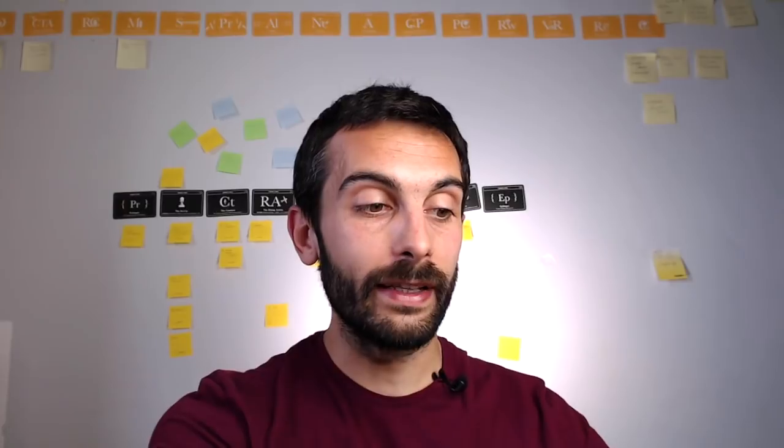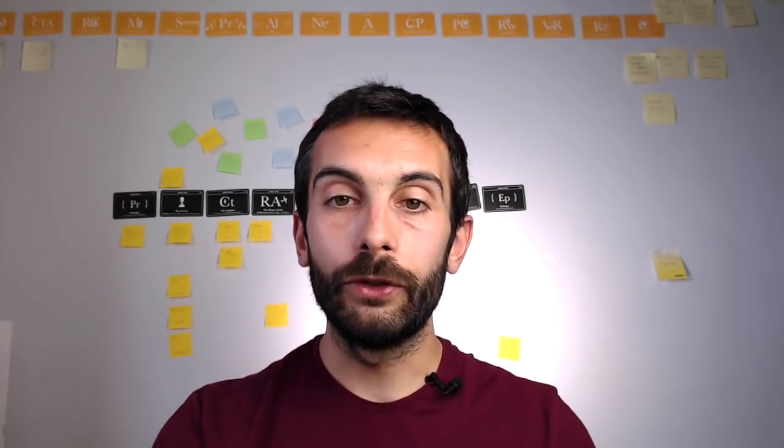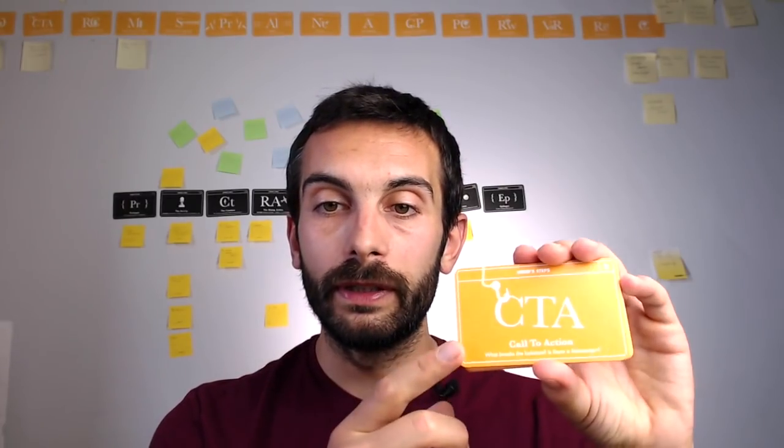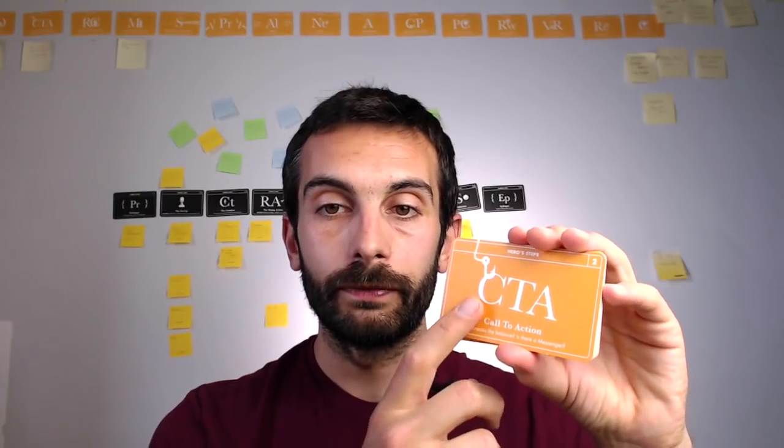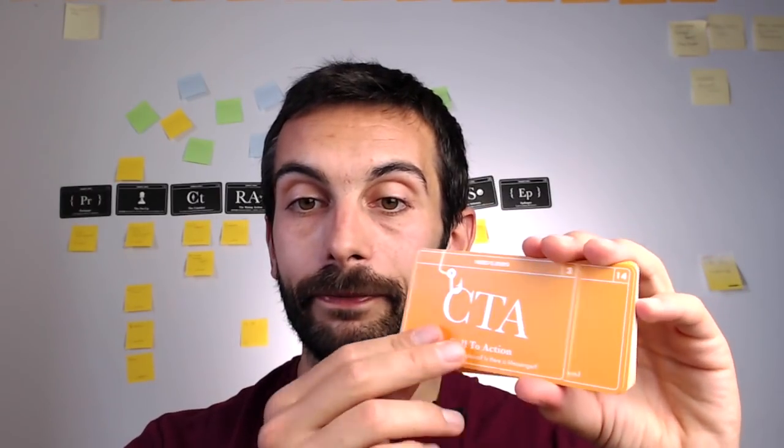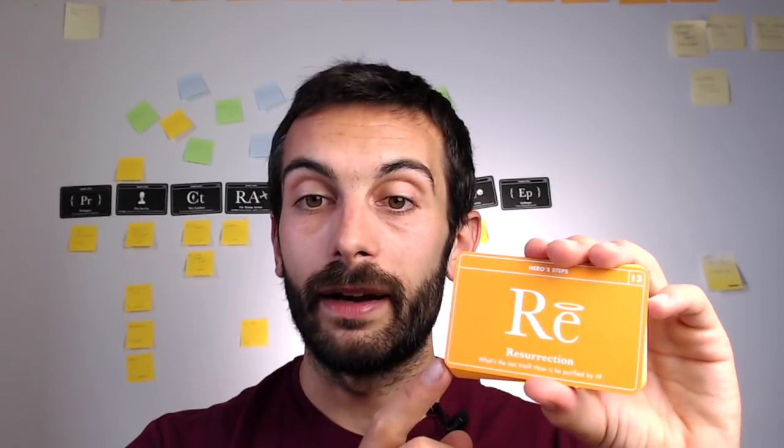For ordering the events, now you can understand why we used this kind of codes. Call to action is CTA, conclusion is C, resurrection is RE. You're not going to move the post-its and you're not going to write the post-its again. This is for convenience.